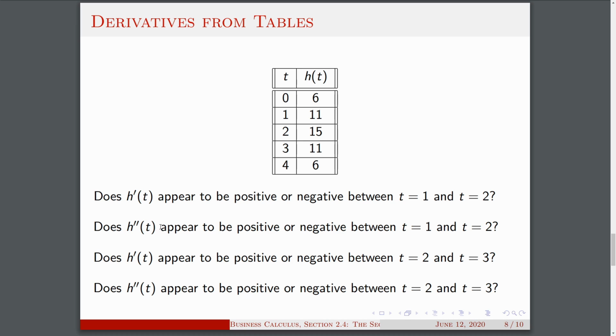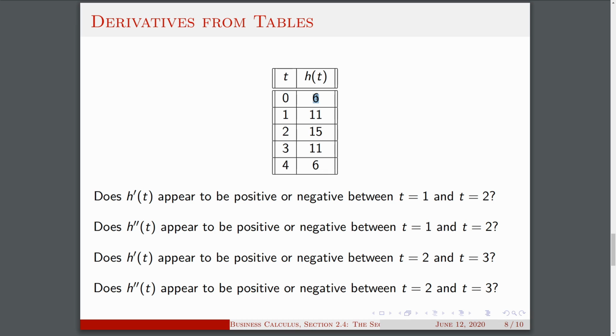Well, remember what I said a long time ago about how being concave up means the slope is increasing, meaning that it should be increasing by more and more. All right, is that happening here? So let's see, between t equals 1 and t equals 2, do we see a pattern of increasing by more and more, or the opposite?